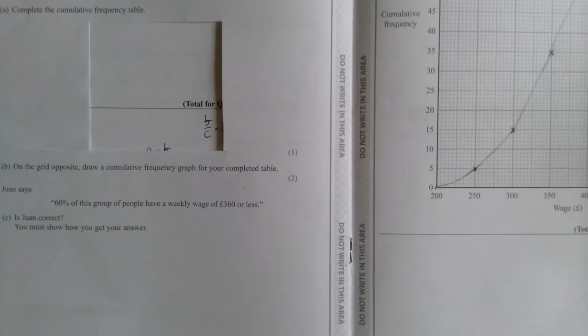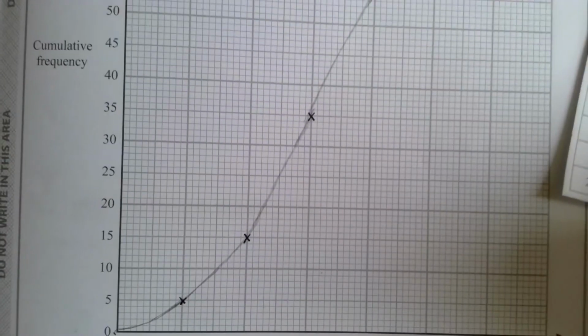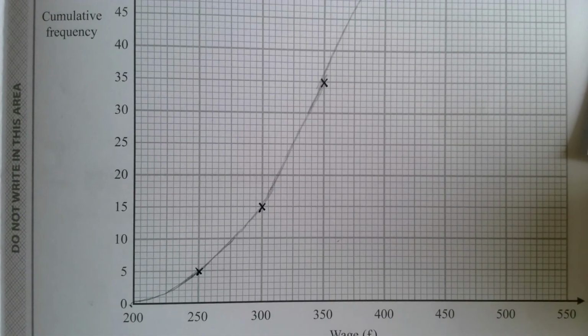Now the next thing that it asks us is, and this is for 3 marks, this is half the marks of the question, 60% of the group of people have a weekly wage of £360 or less. Is that correct? So let's have a little look. 360 pounds or less.